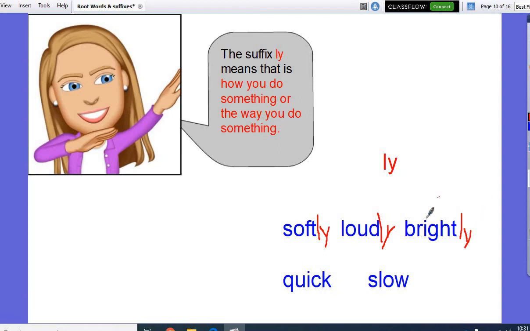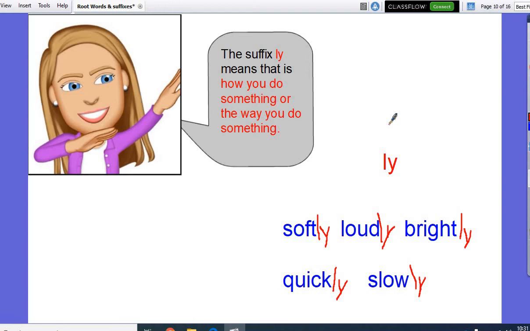That's how they're shining. They're bright. Or quickly. If I said, okay guys, we have to do this really quickly, that would be how you're doing it. You are doing it quick. Or same thing for slowly. If I said, okay, I need you to move more slowly. That's the way that you're doing something. You're doing it slow. So that's what ly means when I put it on a word. It is how you are doing something.